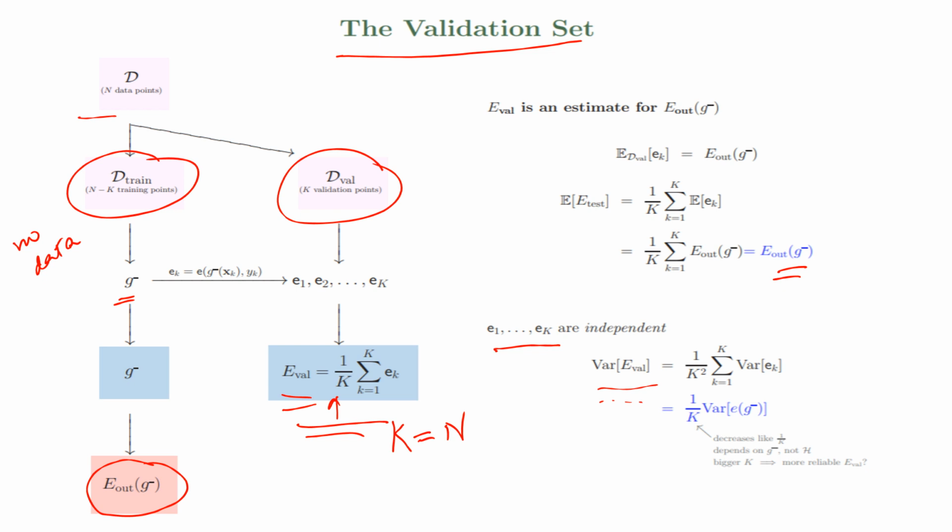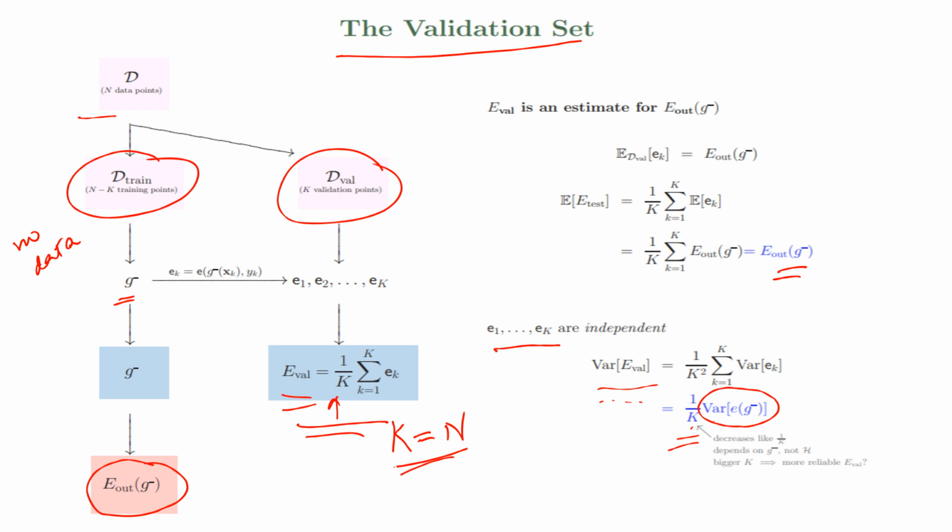So essentially what's happening here is that we said this is good, but actually it's not, because there is a trade-off. Even when we look at this variance term, k goes up, so variance goes down, right? But the variance depends on two terms: the first one is 1 over k, and the other one is the variance of E calculated on g minus.